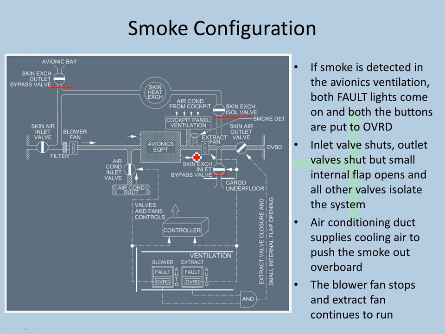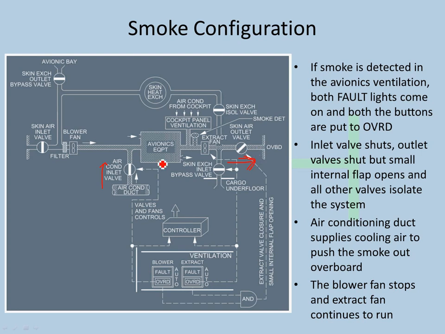Since it's smoke, we want to isolate all the systems and let the smoke remain in that zone. The air conditioning duct provides cooling air to push the smoke out. With the half valve open, you'll push the smoke out. Since this is giving pressure, all the other systems are isolated, and the added air conditioning pressure will try to push the smoke out.